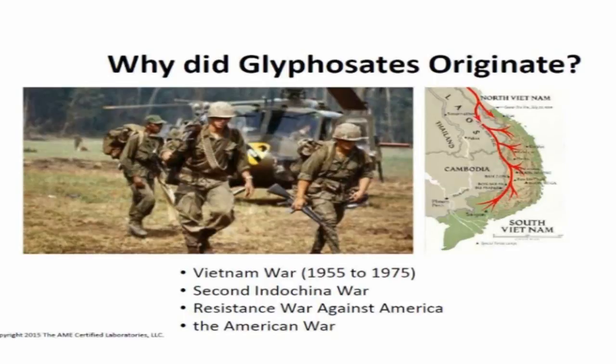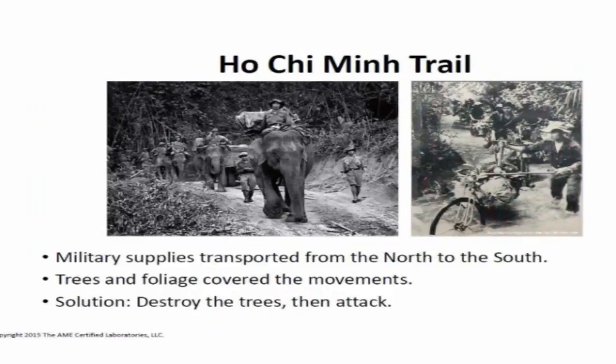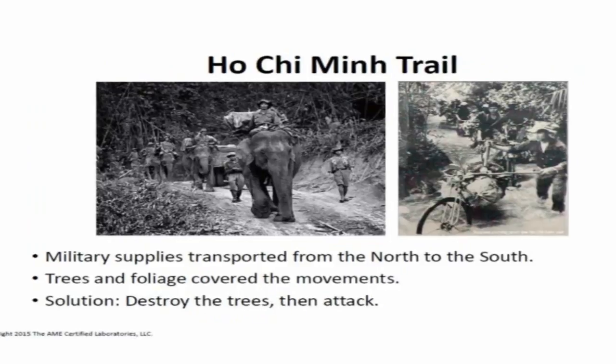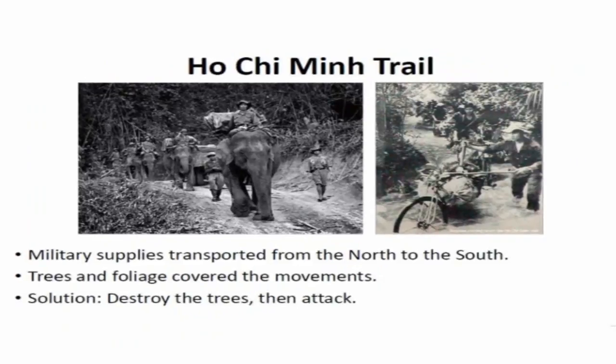Next slide, please. This slide illustrates the type of effort that it took to bring war material down from the north into the fighting regions of the south. What you see here are beasts of burden carrying these supplies, food, ammunition, other war-fighting material.